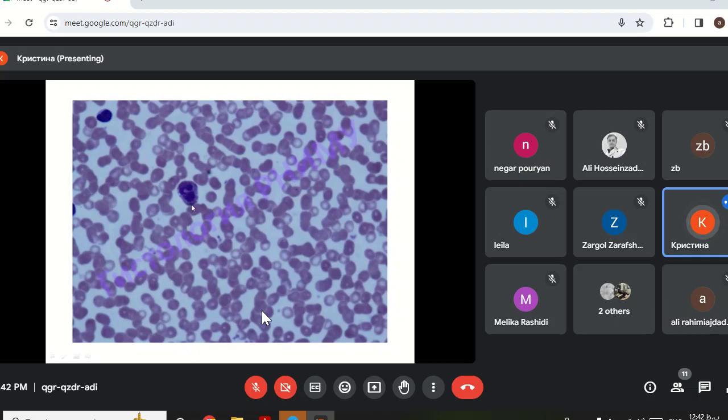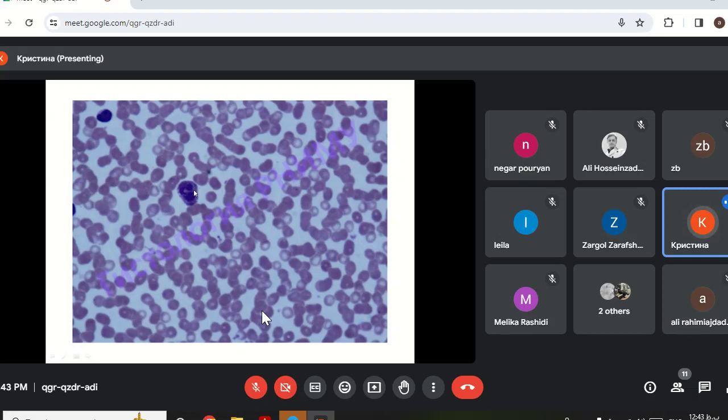If you are asked about the color of granules, you should answer that you compare the color with the color of erythrocytes. Erythrocytes are always stained eosinophilic. So if the color of granules is the same as the color of erythrocyte, then you say that this is the eosinophil.